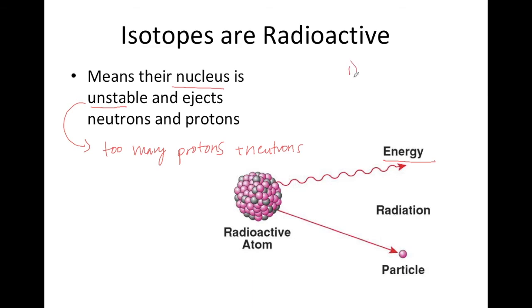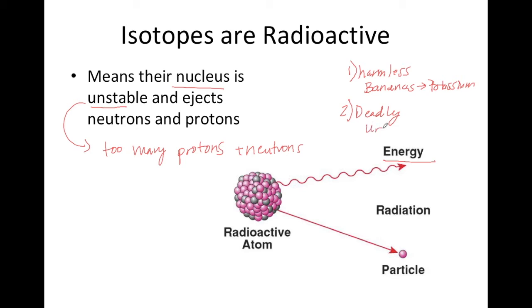So sometimes the energy can be harmless, okay? So in the case of your bananas at home, they probably have radioactive potassium, but that does not release crazy amounts of energy, or else you probably wouldn't be eating bananas, okay? On the other hand, you can have some deadly energy.